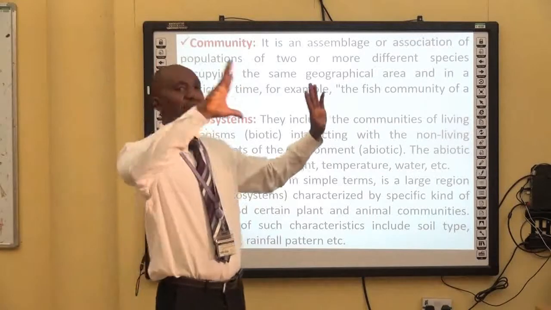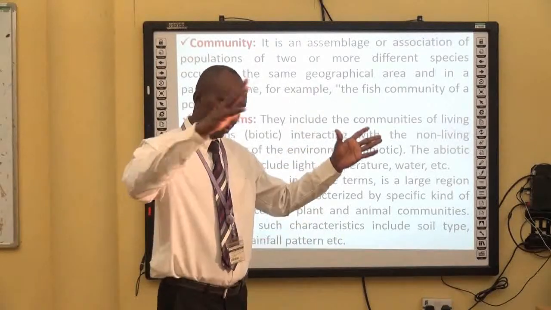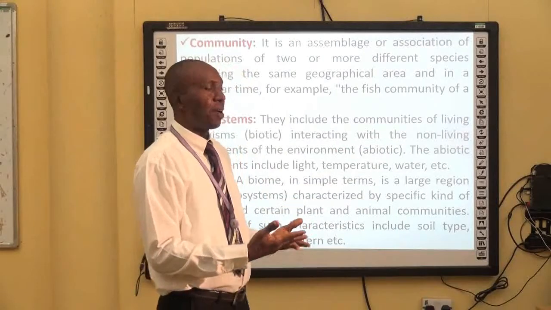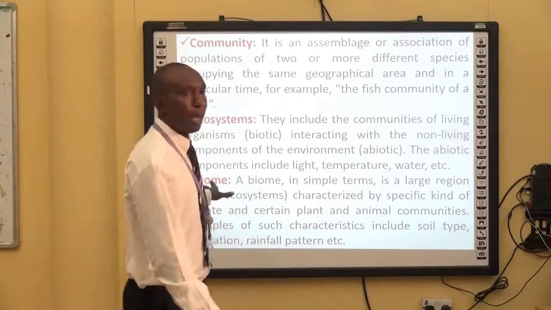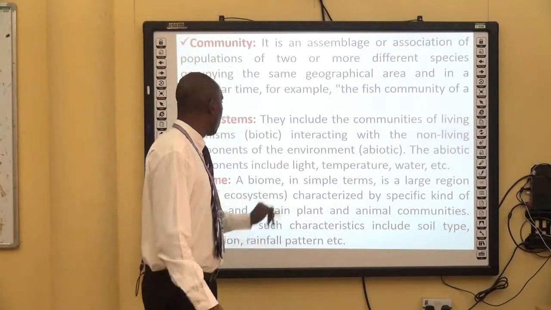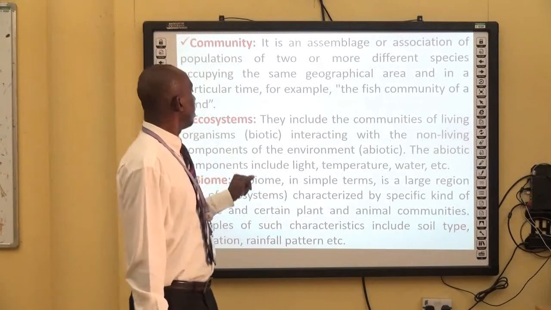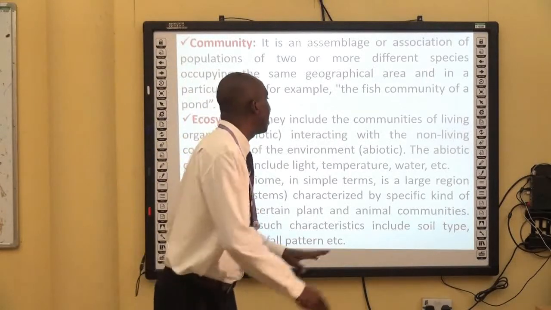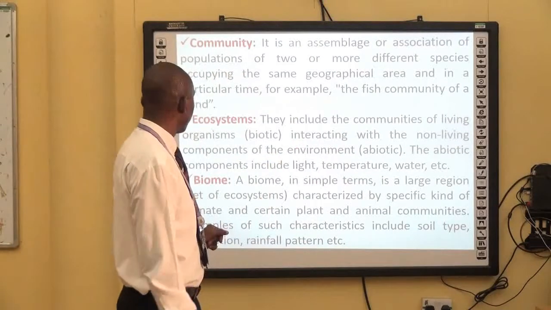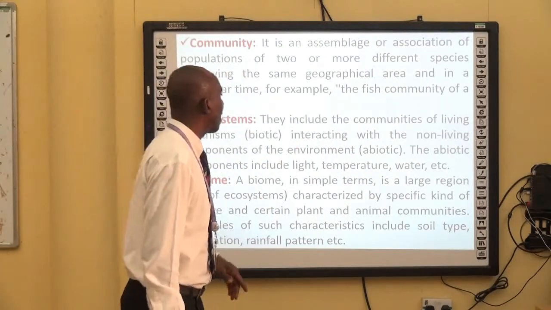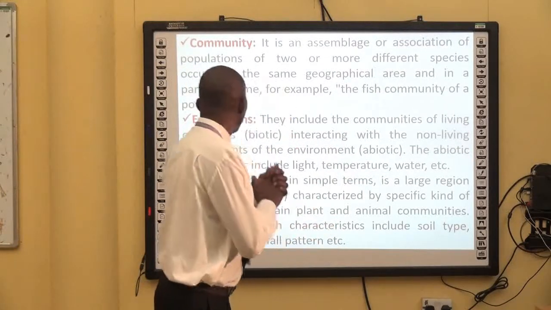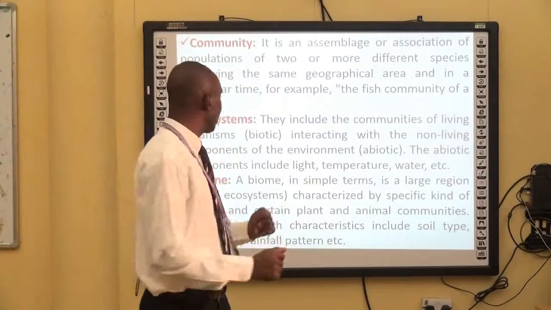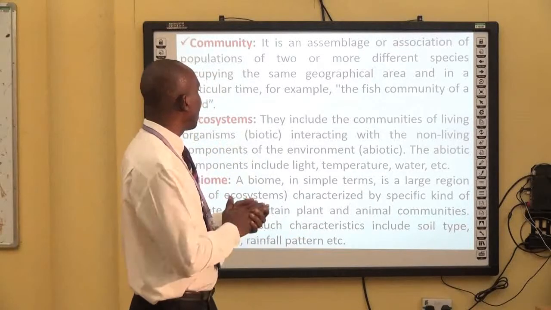Then we now have a larger aggregation again, which is the biome. A biome, in simple terms, is a large region characterized by specific kinds of climate and certain plant and animal communities.